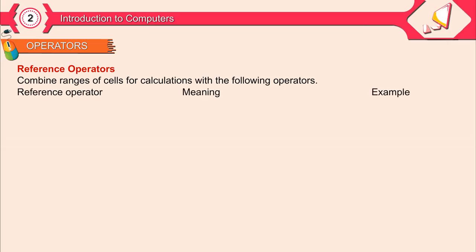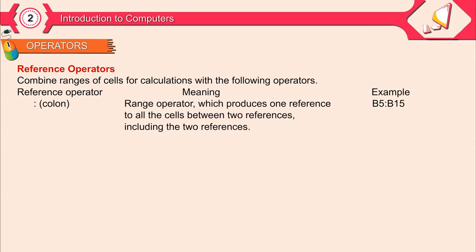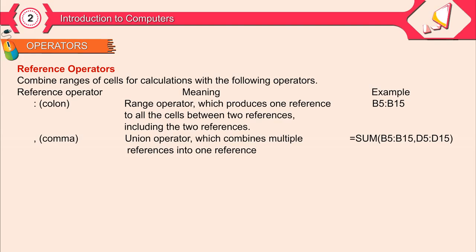Reference operator, meaning, example. Colon, range operator which produces one reference to all the cells between two references, including the two references, B5 colon B15. Comma, union operator which combines multiple references into one reference.